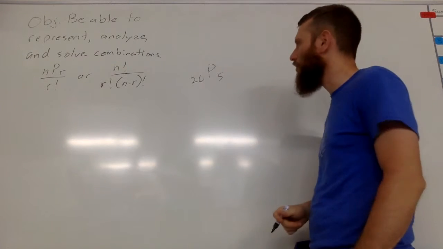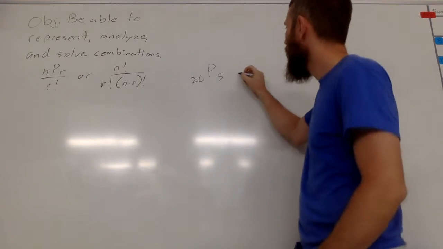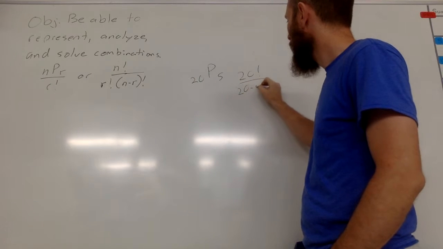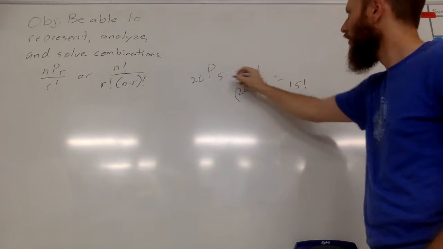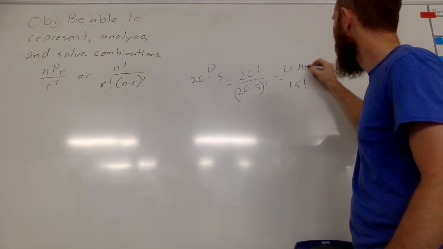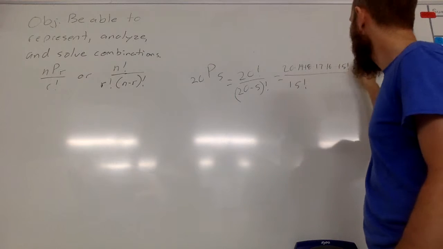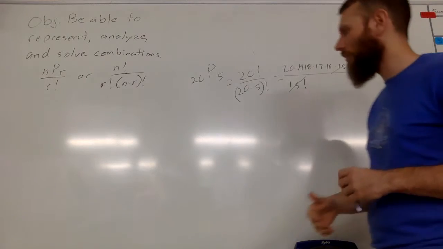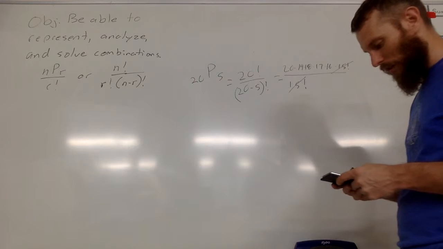We're picking 5 out of those 20 meals, and we would solve this by doing 20 factorial over 20 minus 5 factorial, and we would get 15 factorial on the bottom, and 20 times 19 times 18, 17, 16, 15 factorial on top, and then the 15 factorials would cancel. I didn't work this out ahead of time.